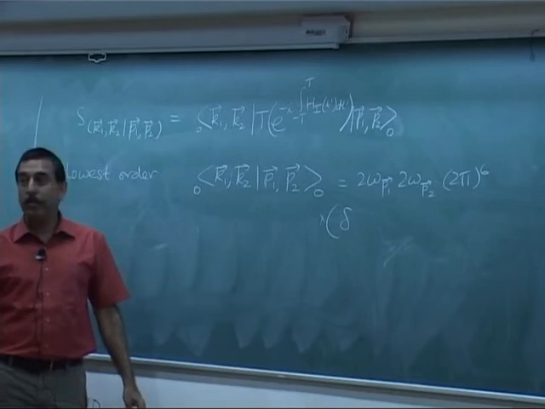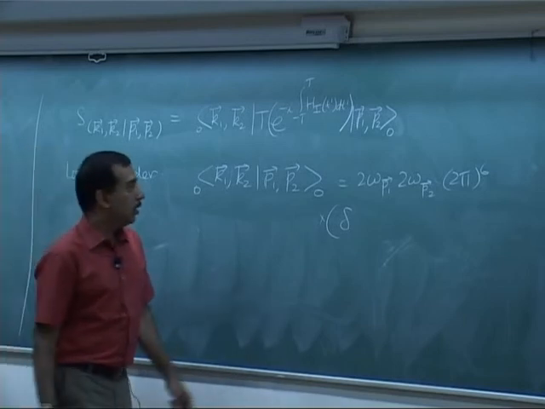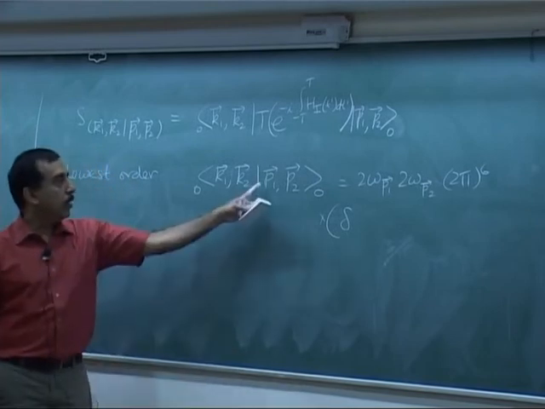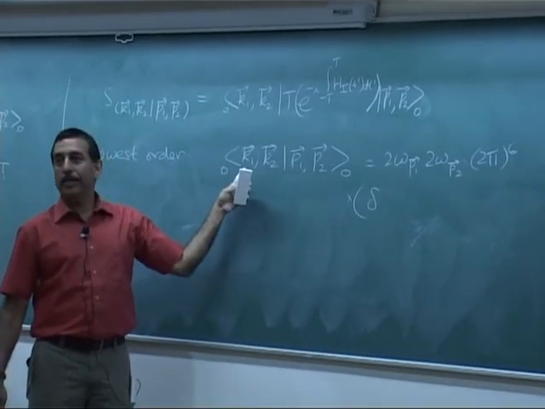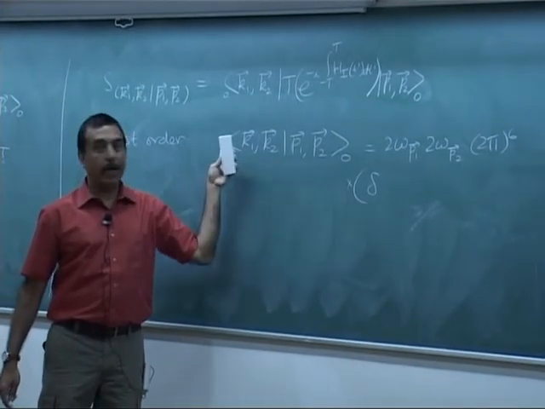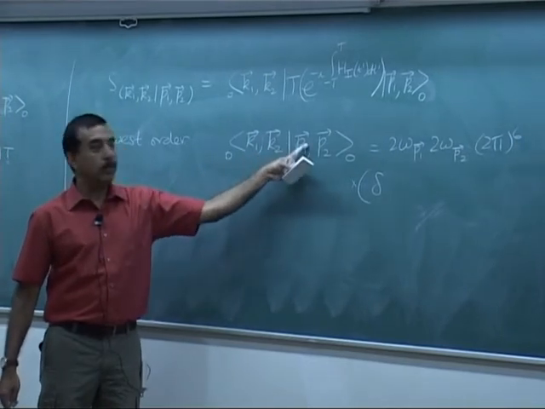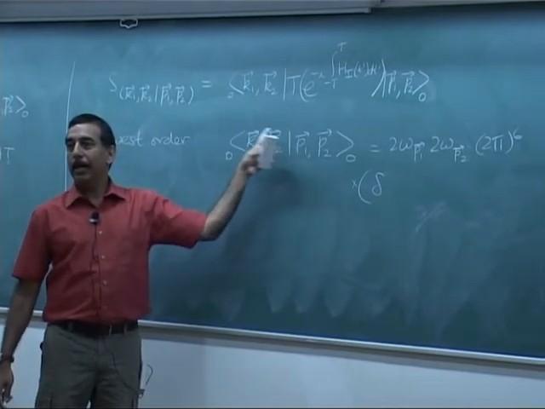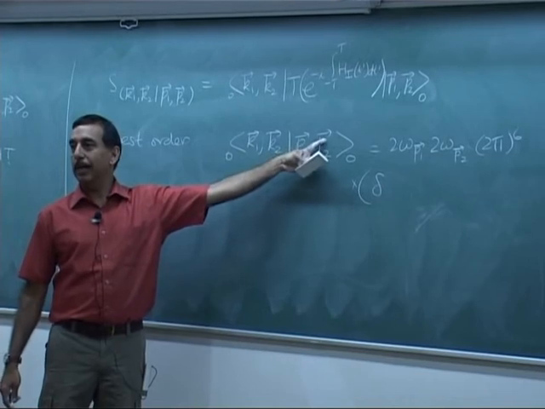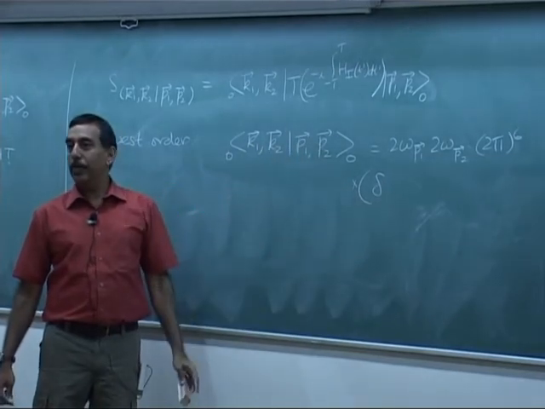And what is the momentum conservation? No, but think a little bit more clearly. These are 2 A daggers and these are 2 A's. And then vacuum to vacuum. So one of these A's has to eat up one of these A daggers and the other A has to eat up the other A dagger. And it can do it in 2 different ways.